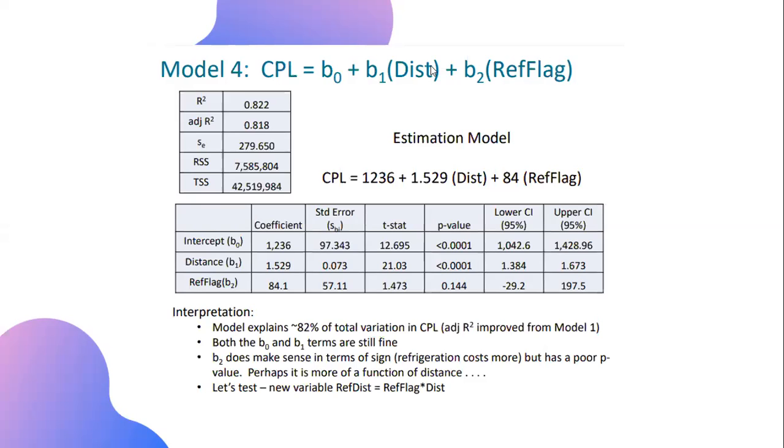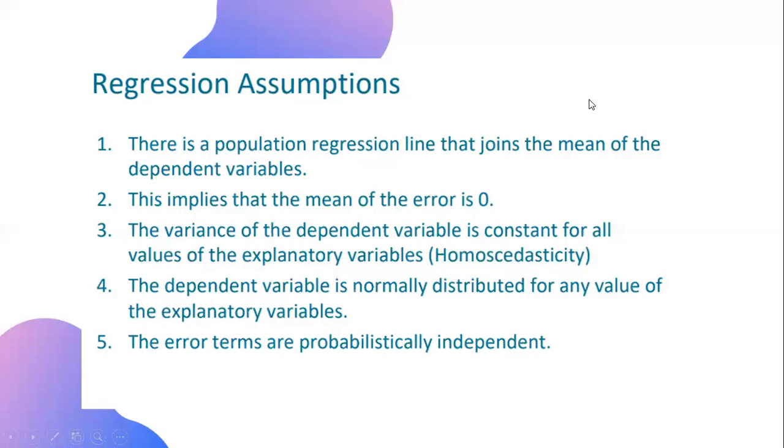Finally, I just want to share a couple of regression assumptions. Regression is by no means perfect; there are certain assumptions that are built into the model. The first one is that a population regression line joins the mean of the dependent variables. The mean of error is 0. The dependent variable is normally distributed, and error terms are probabilistically independent.